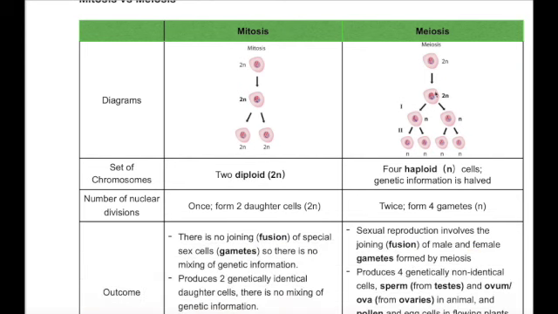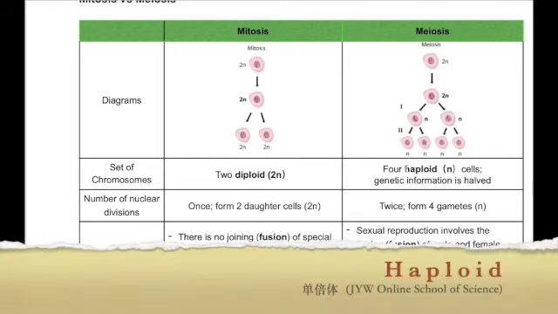Now, meiosis undergoes two divisions. First of all, the chromosomes replicate, and then they divide into two daughter cells, and then those two continue to divide again, ending up with one set of chromosomes in each cell. That's called haploid.